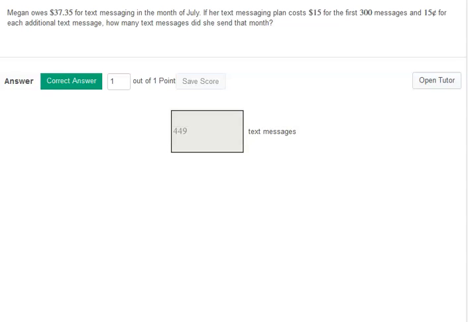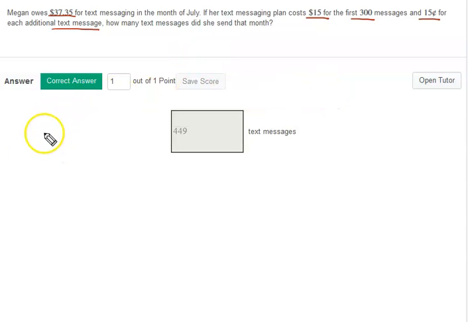Now, in a word problem like this, in any word problem, you need to read it carefully. So Megan owes this much for text messaging. If her plan costs $15 for the first 300 messages, and then 15 cents for each additional text message, how many messages did she send that month?